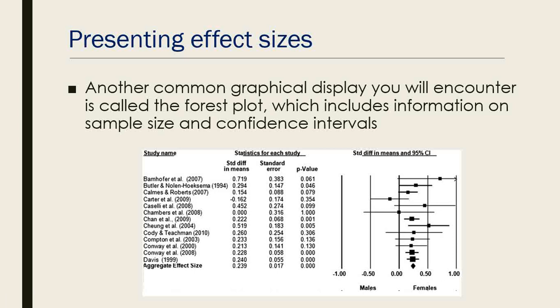So that's another way to present the data, and you can present it along with that descriptive table there, just to save space. So you commonly encounter these forest plots, and they're a nice way of indicating the confidence intervals of different studies.